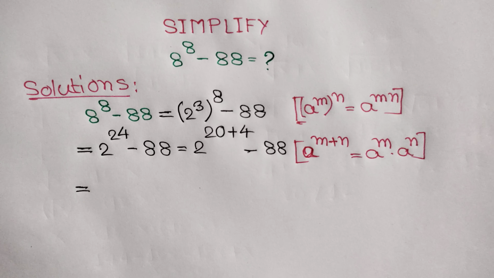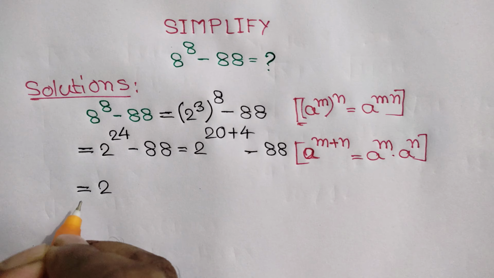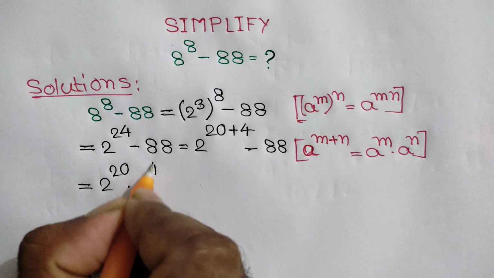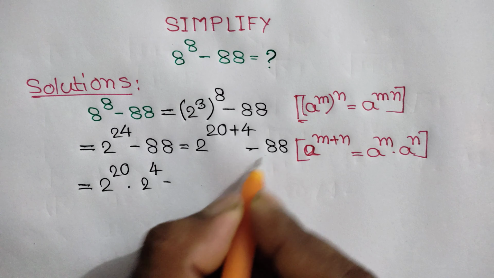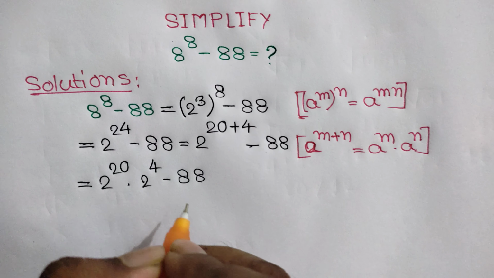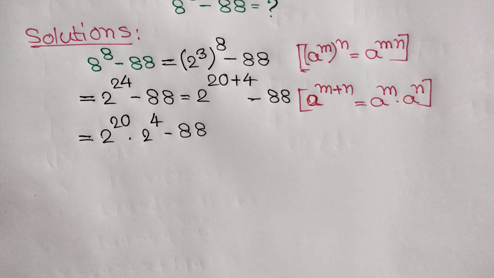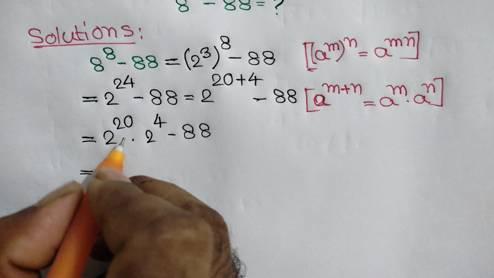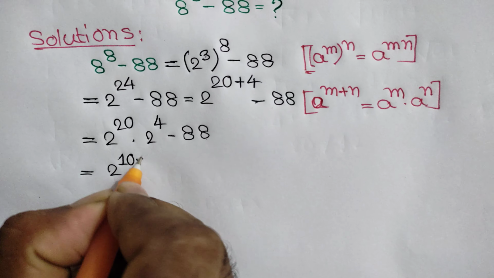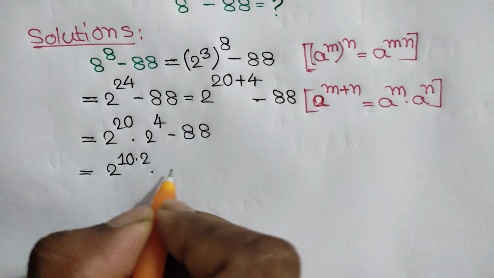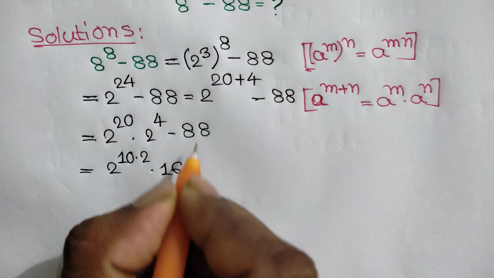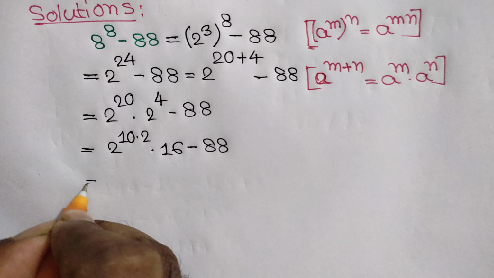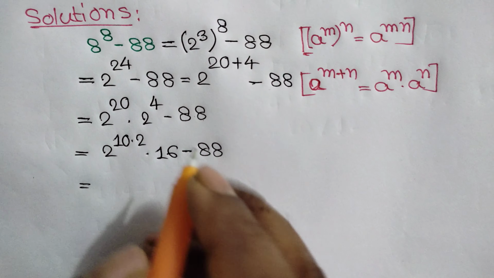So applying this formula, we can write 2 to the power 20 times 2 to the power 4 minus 88. Now 20 can be written as 10 times 2, and 2 to the power 4 is 16, minus 88.